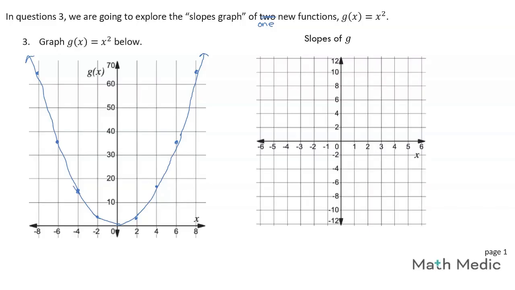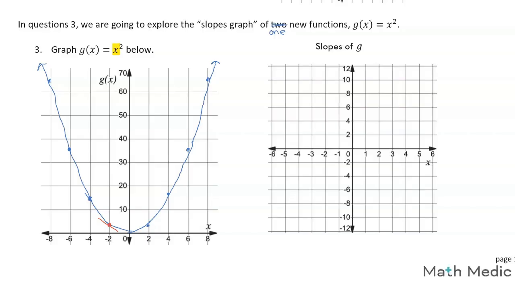For example, let's say I want to find the slope at this exact point of x equals negative 2. At this point, I would need to find the limit of the difference quotient as h approaches 0. So this would be the limit as h approaches 0 of g of x plus h minus g of x all over h. This is what we did in the last chapter.